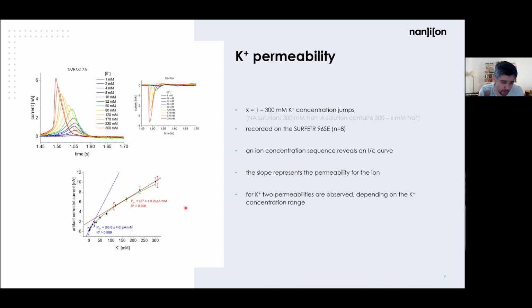And from the linear regression, you can actually derive the permeability for potassium, which seems to be concentration dependent. So we keep that in mind. There are 2 permeabilities for potassium depending on the potassium concentration range.